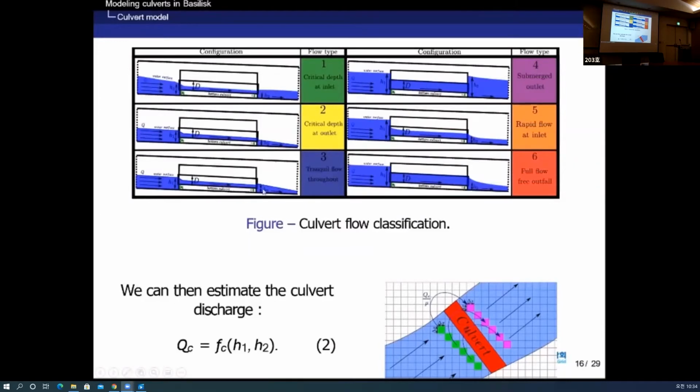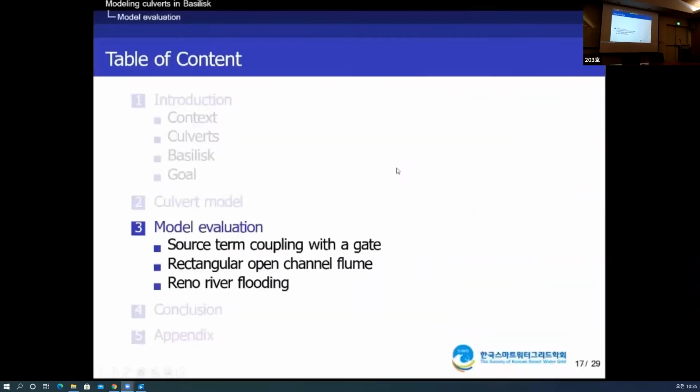At each time step, the software will calculate in which class we are. So let's say we're in gravity flow inlet, and it will help to choose the equation. And from this equation, we will calculate the discharge from the upstream water height, and then the software will do the rest to solve everywhere else the shallow water equations.